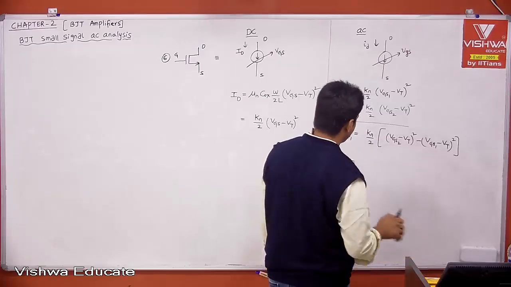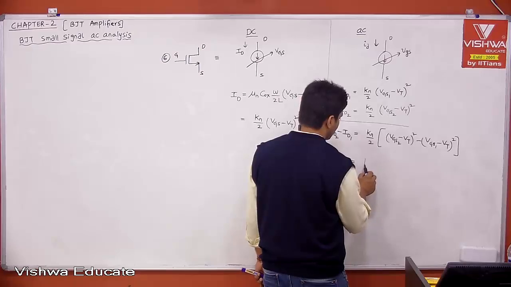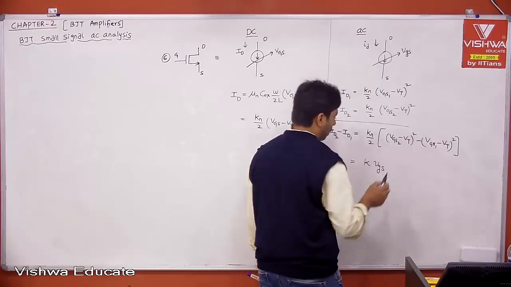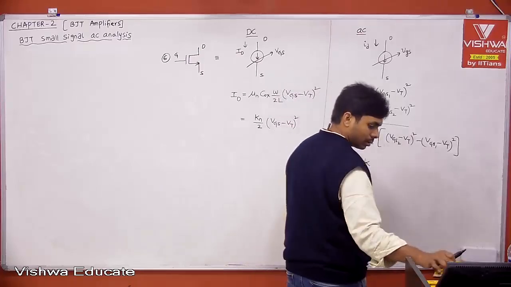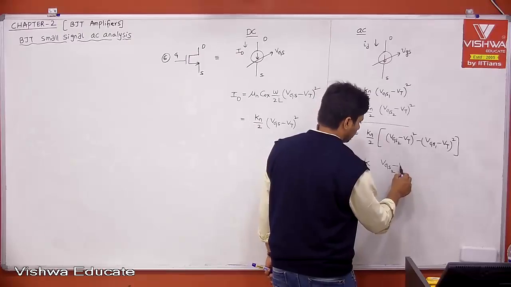This part I will derive, but I can say directly with something, some constant into small VGS, or I can say VGS2 minus VGS1.